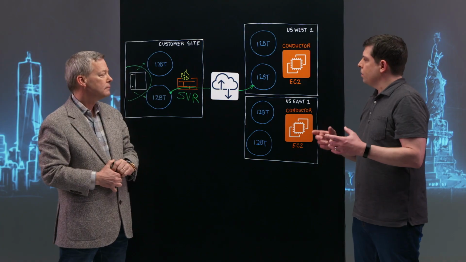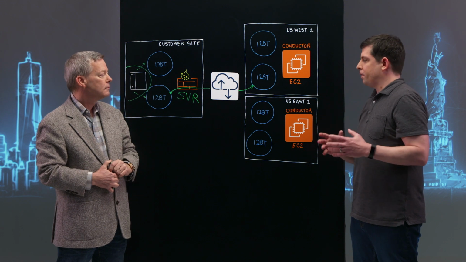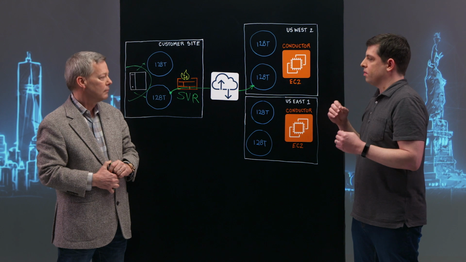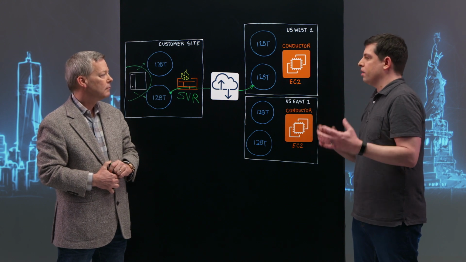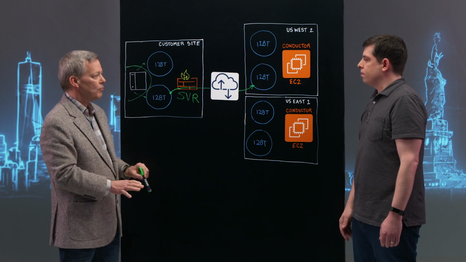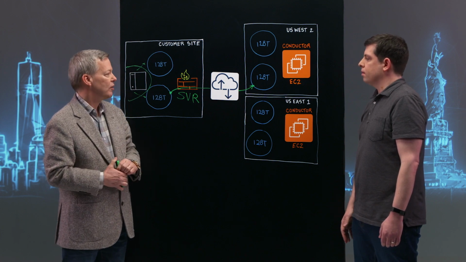Very nice. So, as the saying goes, everything fails all the time. I see here it looks like you've dealt with some of these scenarios. How do you maintain availability of your application? Well, we do it in many ways. Initially, I'll start with picking the correct AWS region.